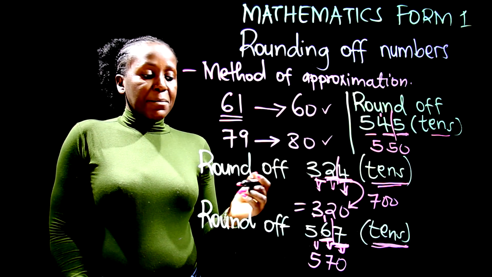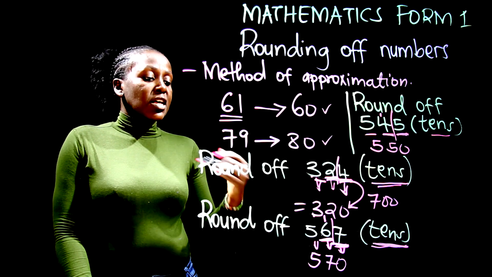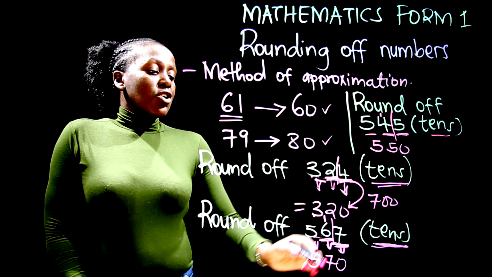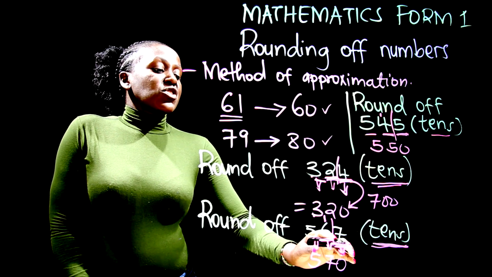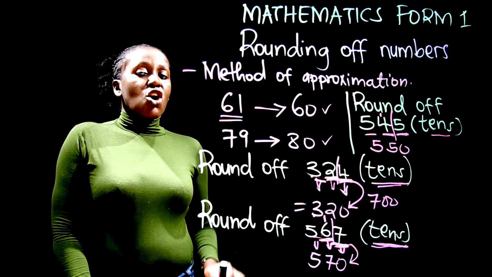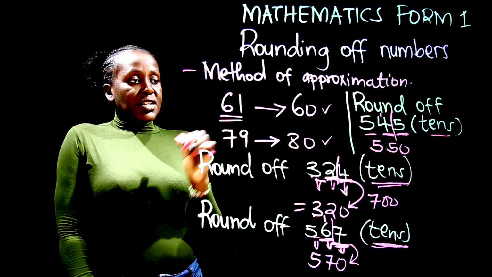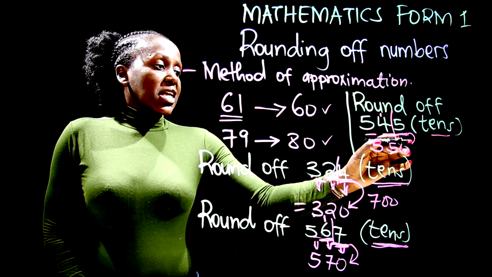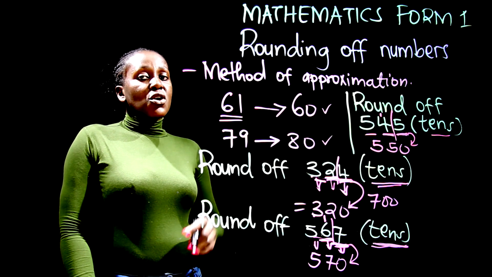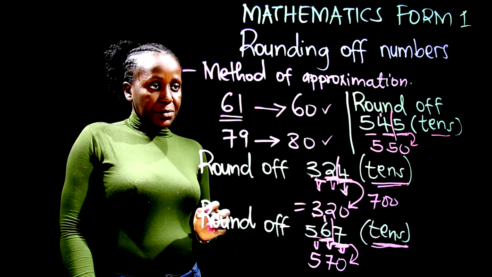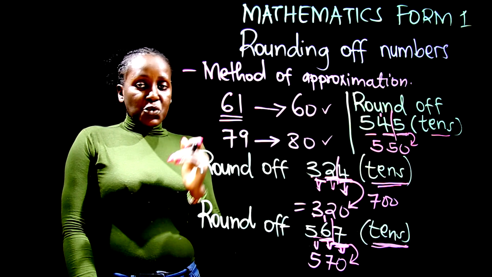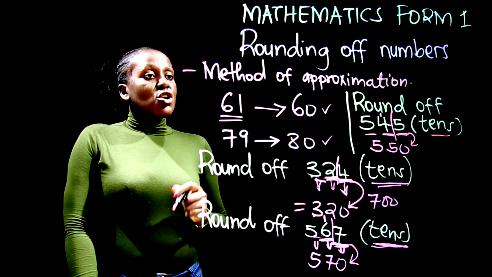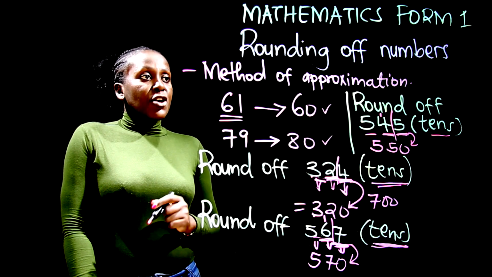So always confirm that your answer makes sense. 565 makes sense to be approximated to 570. Only 3 units have been added. And the same case, 545 makes sense to be approximated to 550.